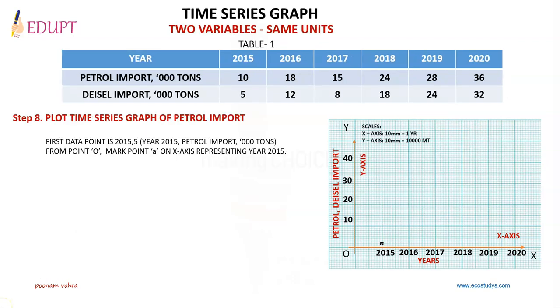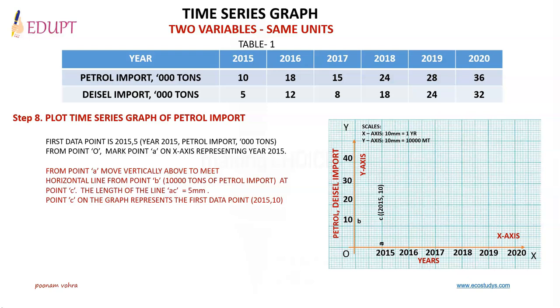Next is to plot the time series graph for both the variables, petrol import as well as diesel import. Beginning with the petrol import, let's coordinate for the first year, that is 2015, when 10,000 tons of petrol is imported. It is represented by point C on the graph.